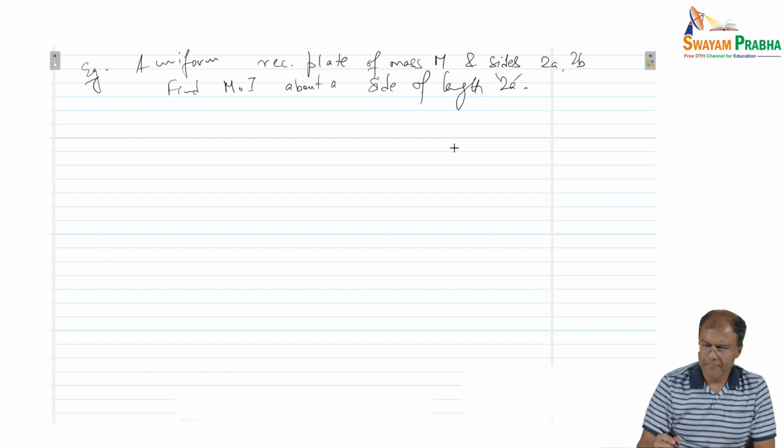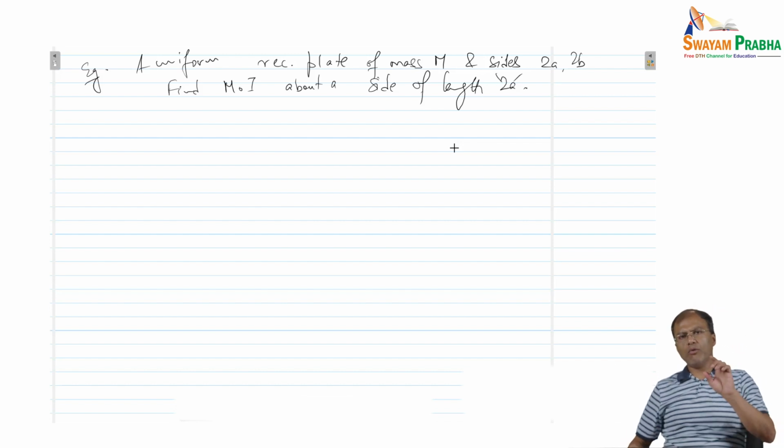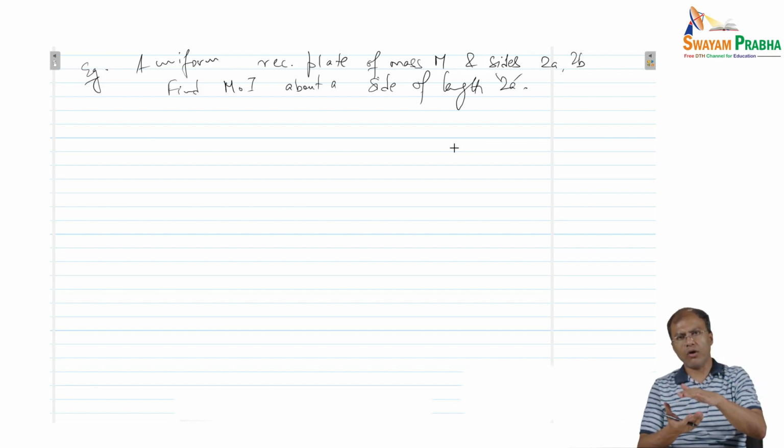So for the rectangular plate, we already know that the moment of inertia about its natural perpendicular axis is 1/3 m times half the length along that perpendicular length, right? So that is from the stick result or the rod result. So we have used the trick where we squashed the plate into a rod.